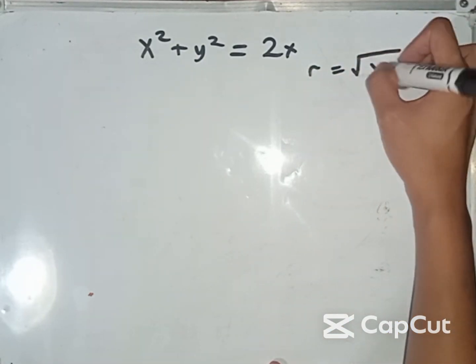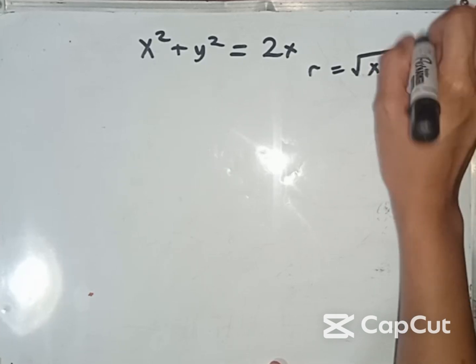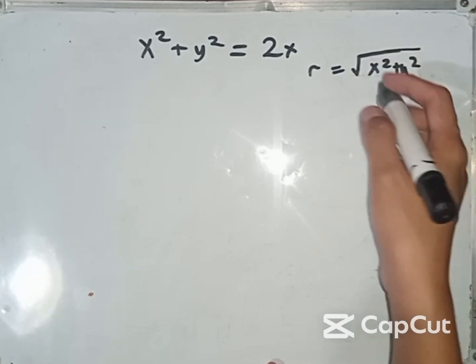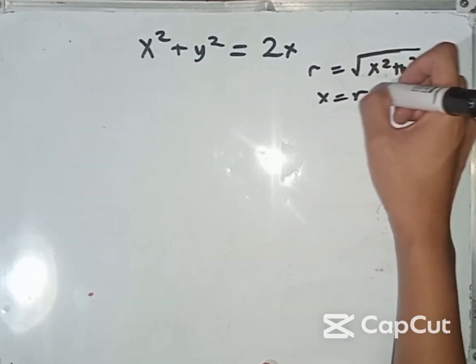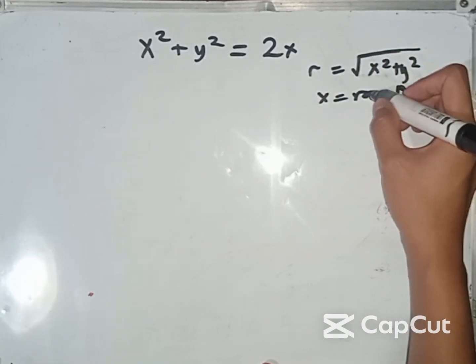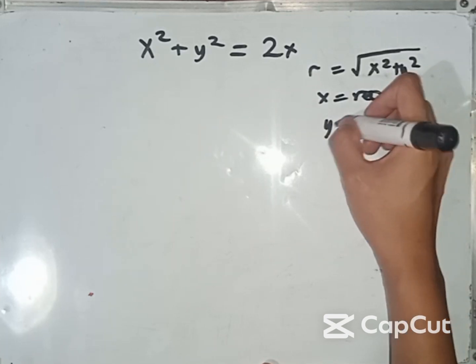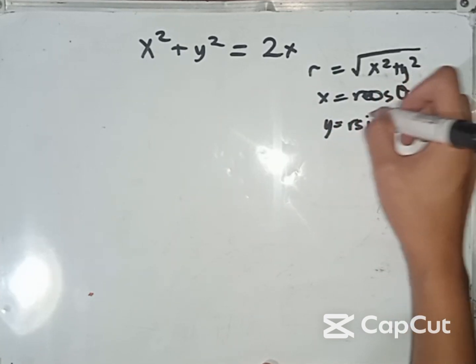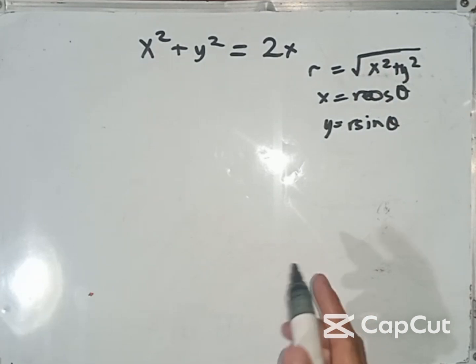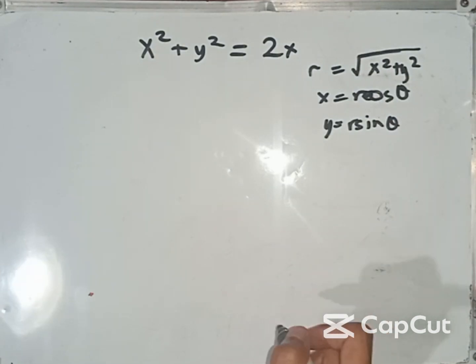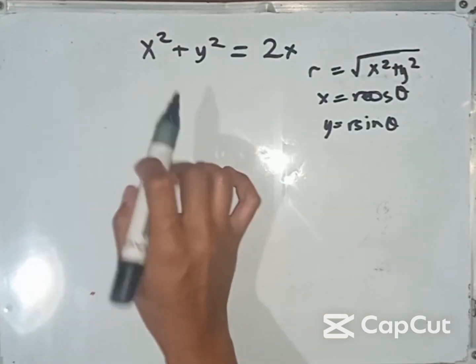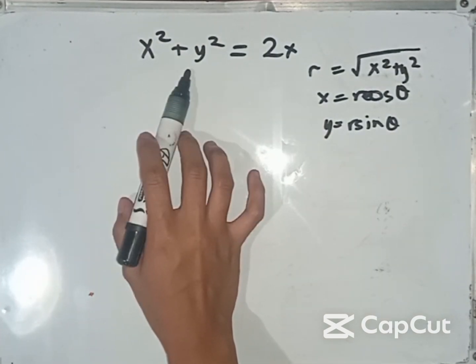So we have r is equal to square root of x squared plus y squared, and we also have x is equal to r cosine theta and y is equal to r sine theta.